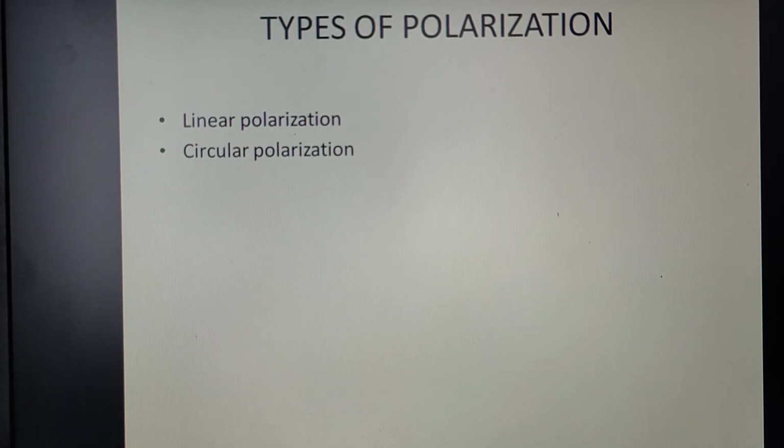So if the electric fields are moving only in one plane or in a single line, that means they are linearly polarized. Then you have circular polarization. Now the electric field of light consists of two linear components that are perpendicular to each other, which are equal in magnitude and have a phase difference of pi by 2.